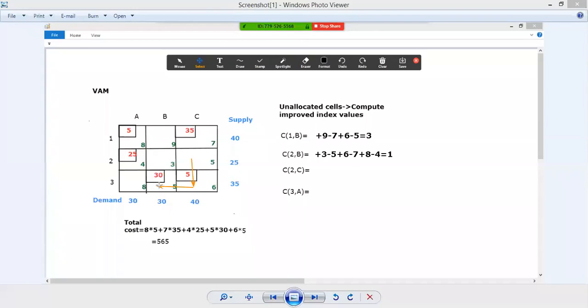But this is an empty cell, I cannot land here, and this is also an empty cell, I cannot land here either. If I choose this particular path, then I cannot come back to this particular cell. That is why we won't choose this particular path.